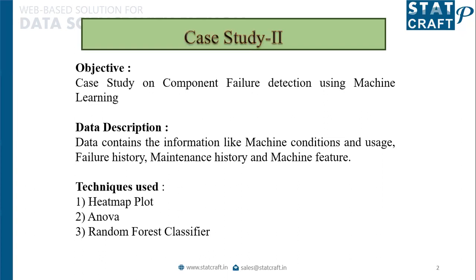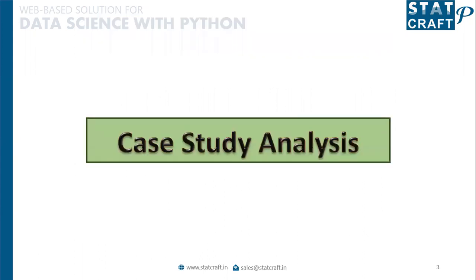Data contains information like machine conditions and usage, the failure history, and machine features. Thirdly, what techniques will we be using in this case study? We'll be mainly using the Heatmap, followed by Anova, and thirdly, random forest classifier.